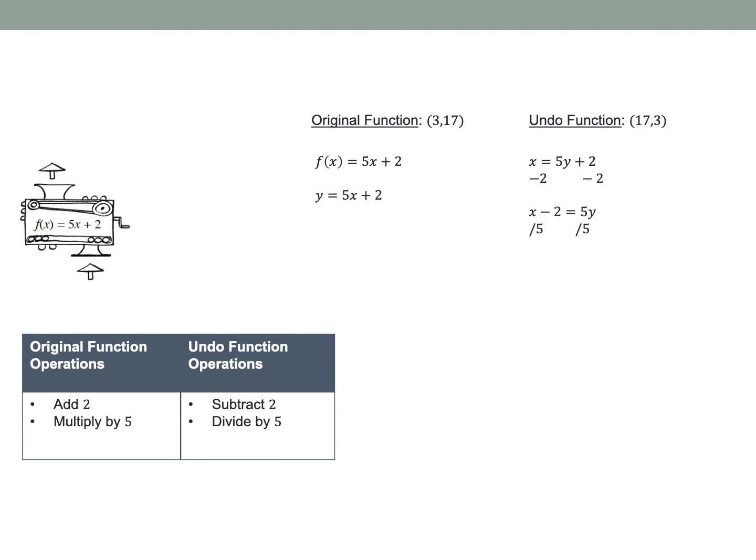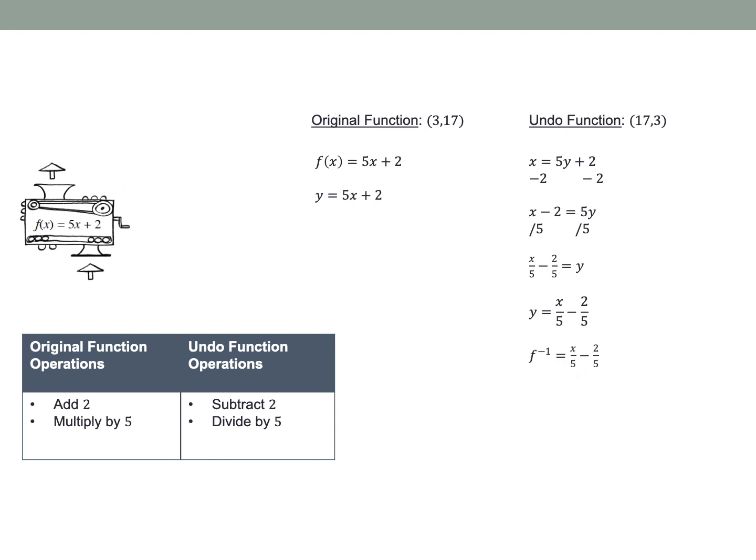Now y is isolated. You get y equals x over 5 minus 2/5. Okay, and this is our undo function. So this is the undo function of this function.